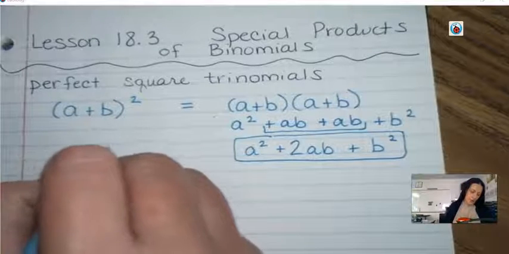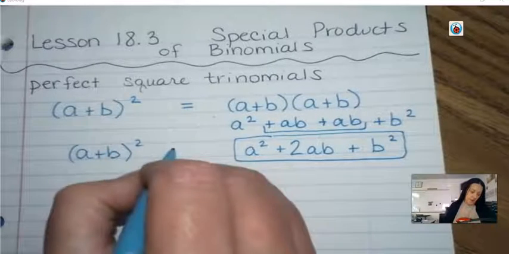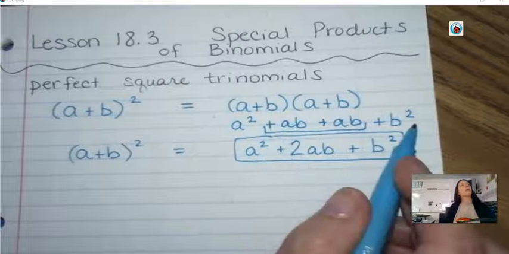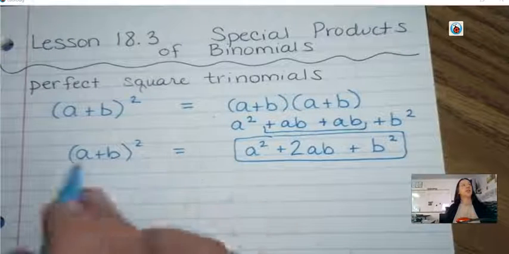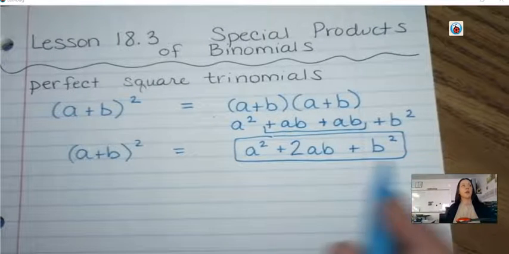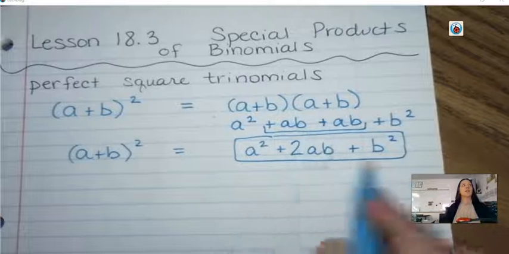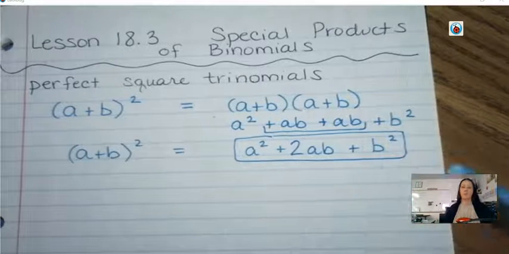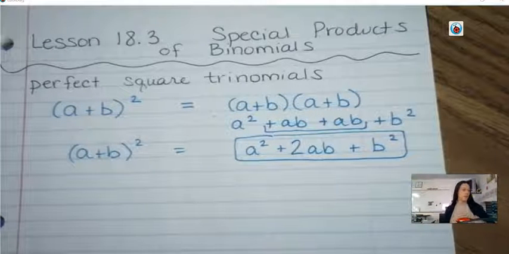So a plus b squared, if you don't want to do all of this work and FOIL it out, you can just start to memorize that a plus b squared comes out to this. This is called a perfect square trinomial. It also works if there's a minus sign.